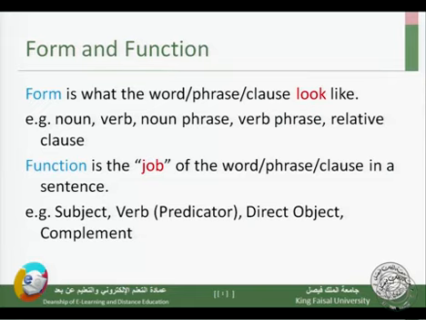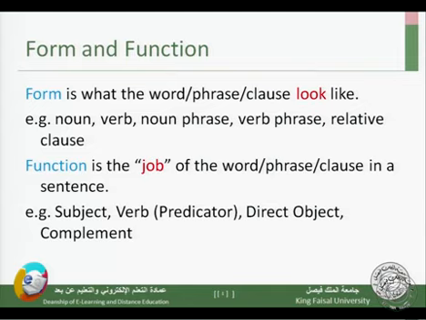Verb, for example, is also a function, but as you noticed above, it is also the form of a type of word, or word class. This is because the real name for this function is predicator. As we said, simple sentences, one clause sentences, have a subject and a predicate, and in the predicate, the verb is called the predicator. This function, predicator, can only be filled with a verb.